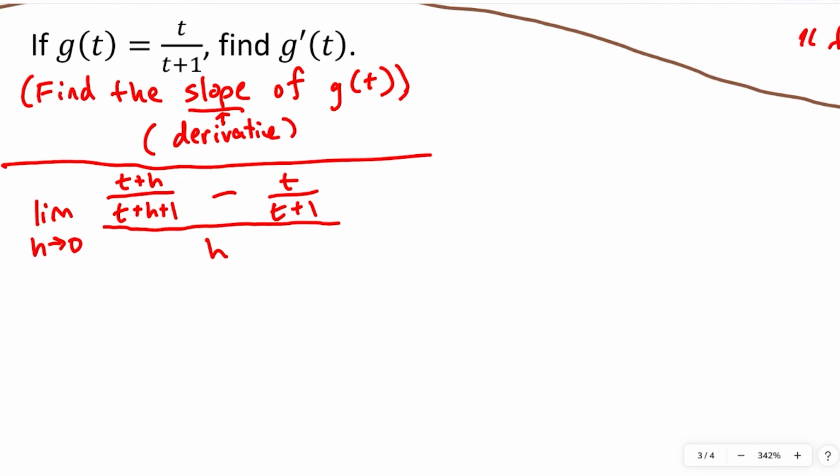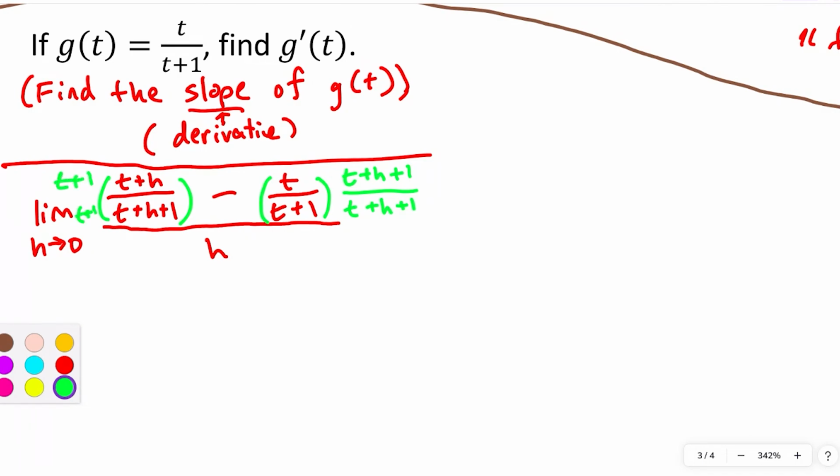Now, we solved quite a few limits set up similar to this in the last unit. They seemed kind of random, but I hope you can start to see the value in this. We've got to find a common denominator, rewrite this fraction, and hopefully cancel out an h at the very end. We multiply the first fraction by t plus h plus 1 over t plus h plus 1, and the second by t plus 1 over t plus 1.